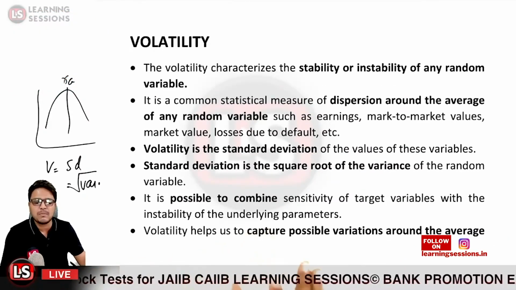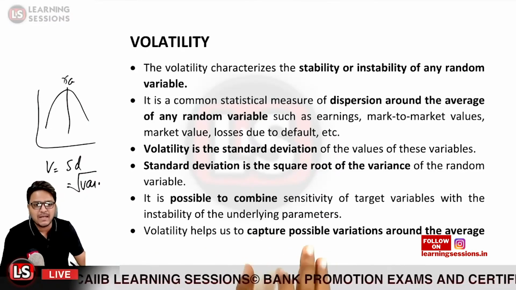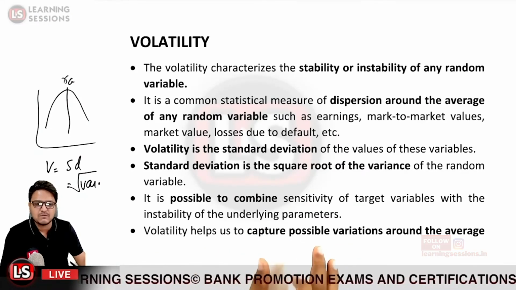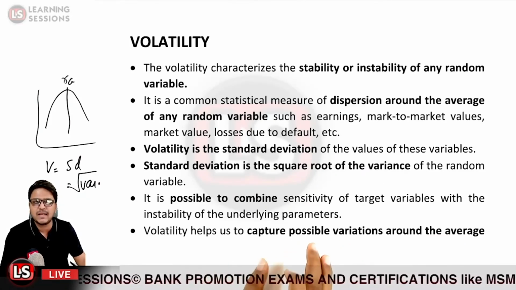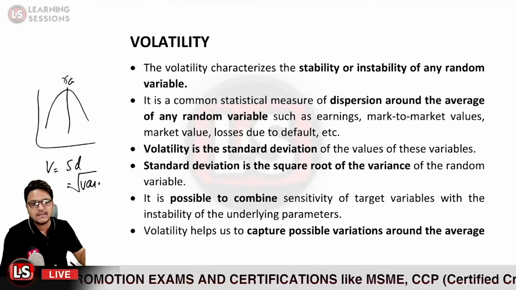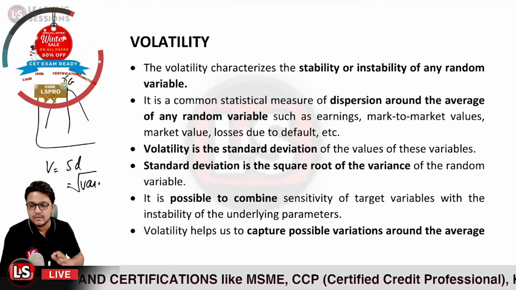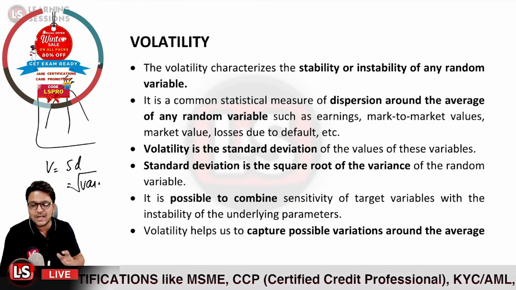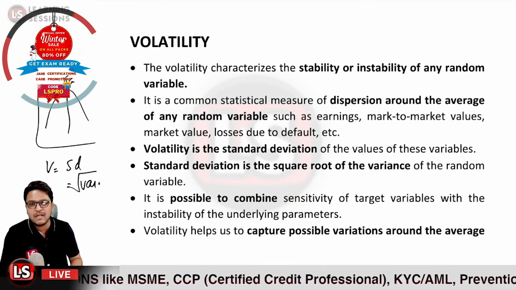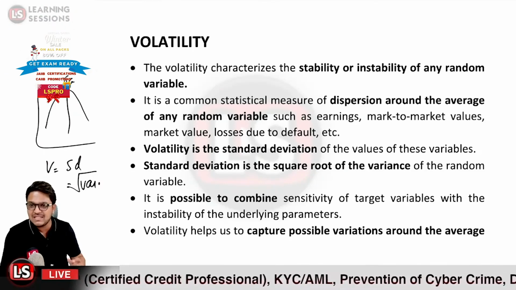So it is possible to combine the sensitivity of the target variables with the instability of the underlying parameters. By way of volatility, we can combine the sensitivity factor, that is how the factor is changing along with the changing of the different parameters in the market itself, that the random variable is changing its value.